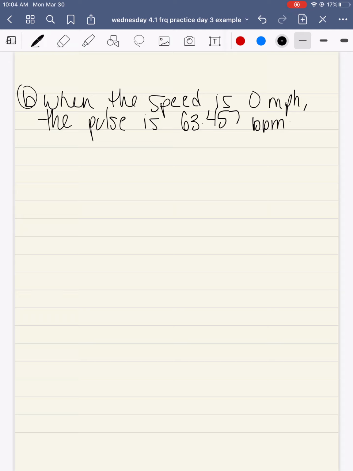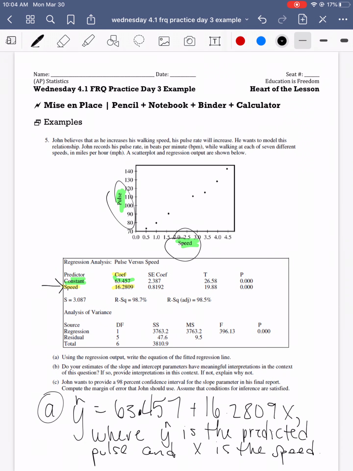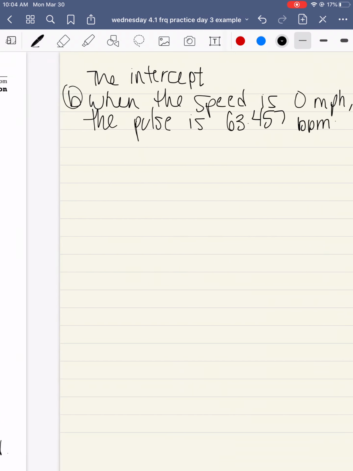This is what we're used to seeing, and that's fine. The only thing I would add is to be explicitly clear that this is the interpretation for the intercept. They use the word estimates here, so do your estimates of the slope and intercept.